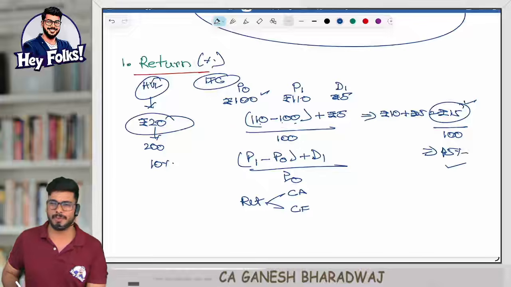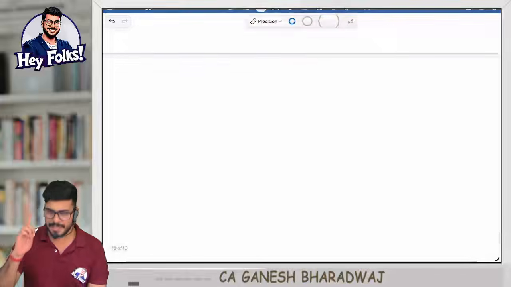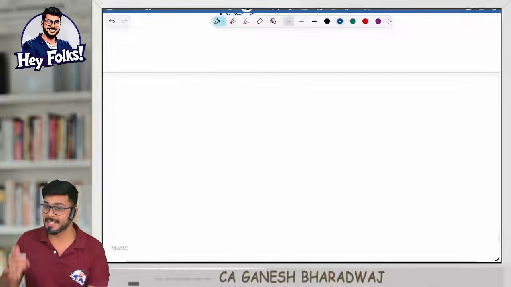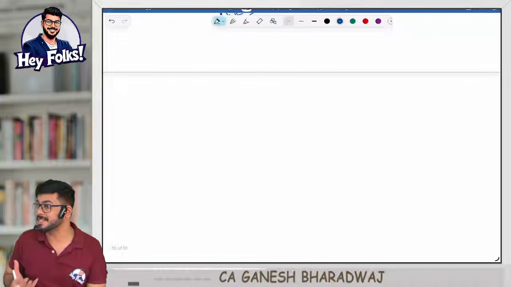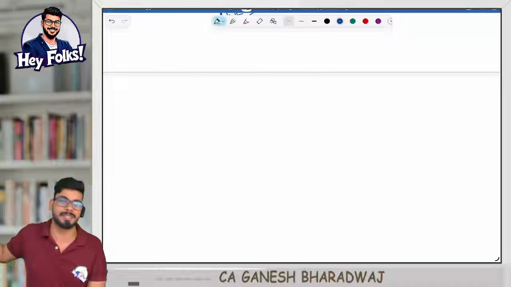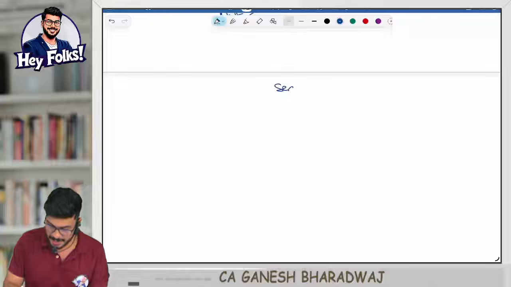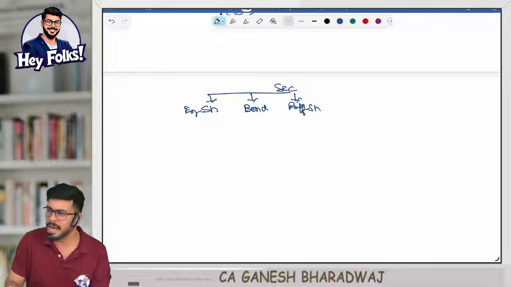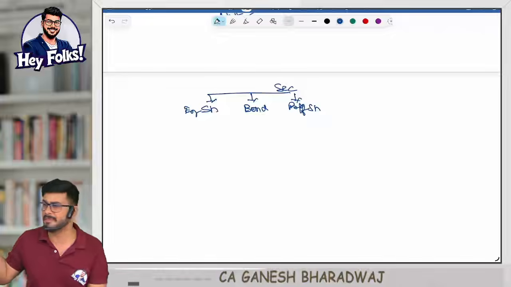Why, sir, cash flow? You tell me, is the only security available on the planet your equity shares? No. I just told you, portfolio represents a collection of securities. Now, when I say securities, I can invest in shares, I can invest in bonds, right? Here it could be equity shares, I can invest even in preference shares, guys, correct? I can invest in different avenues of investment.